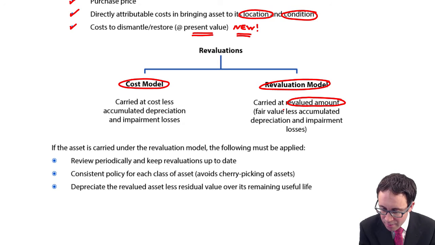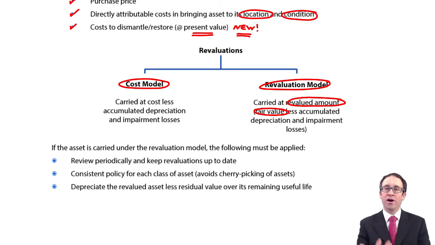And that revalued amount is there as your fair value. Okay. Again, there is a separate standard that we'll touch upon later, which helps us a little bit more with fair value. But for now, let's just take it as its market value, what we would expect to go through there and sell that asset for in its current condition.